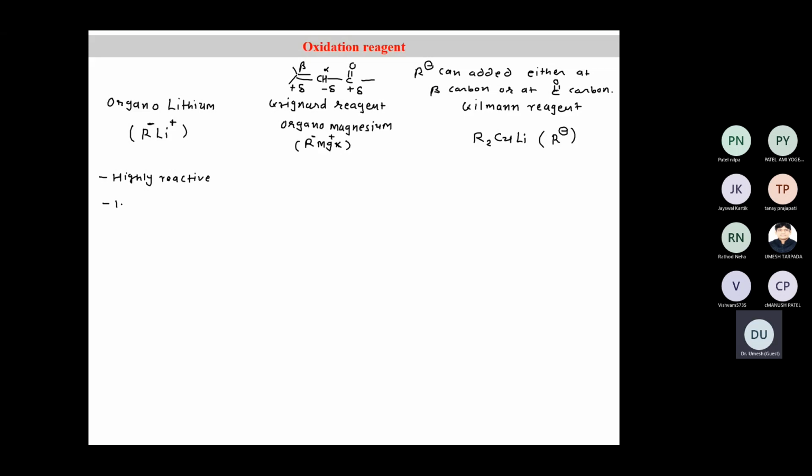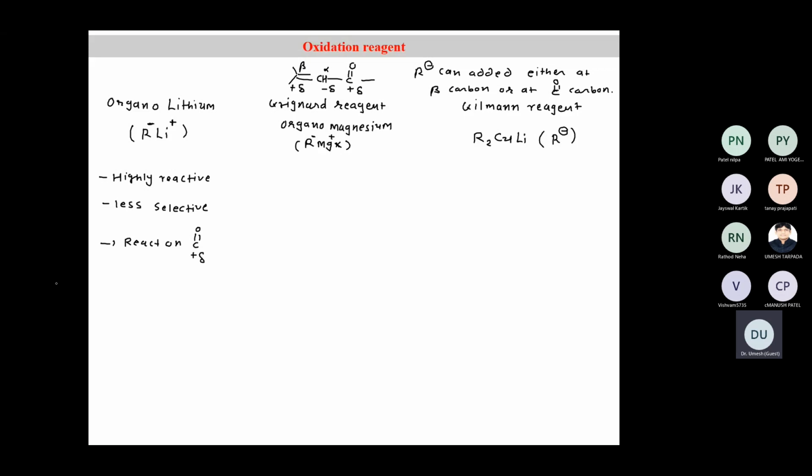So it is less selective. Reaction takes place on the carbon oxygen double bond, so the nucleophile is added at the carbonyl carbon, not the beta carbon.